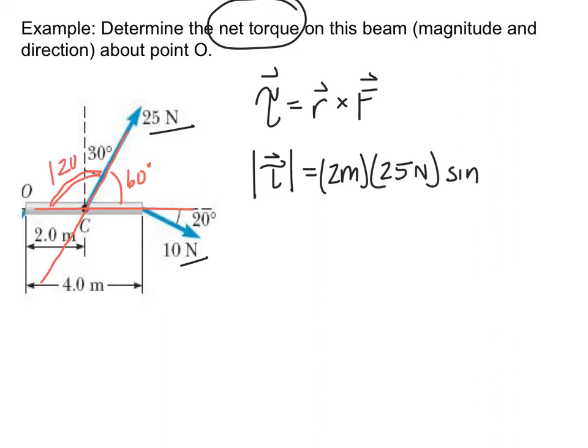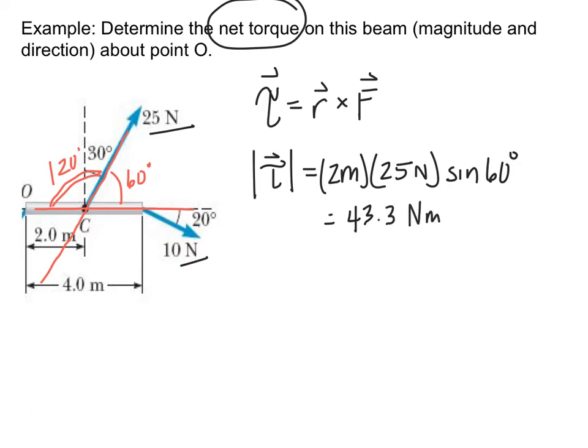Either one will give us the correct answer. Let's just go ahead and use 60 degrees. And so we take 2 times 25 times the sine of 60 degrees, and that comes out to be 43.3. Okay, and again, Newton meters is our unit for torque.